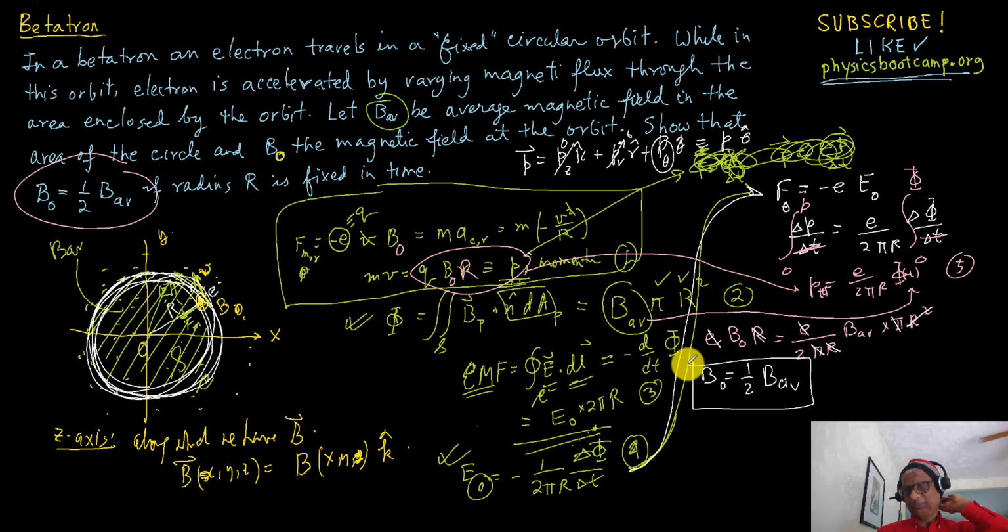This was derived very early on, maybe 19th century, early 20th century. It was derived and was not quite implemented. There were some technical issues to implement this. It took a long time to get the Betatron functional and to work.